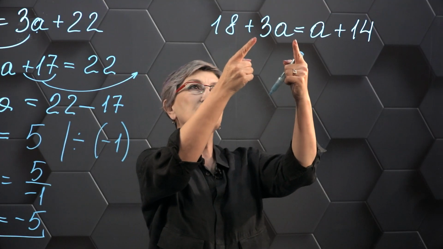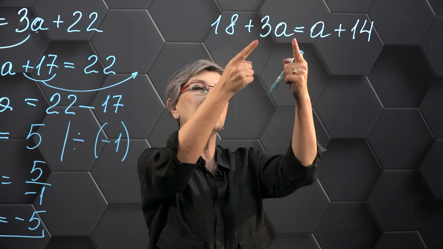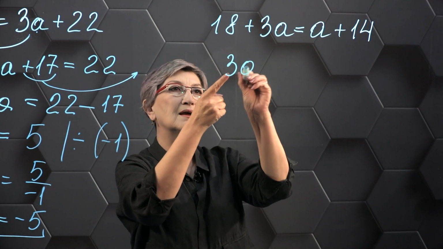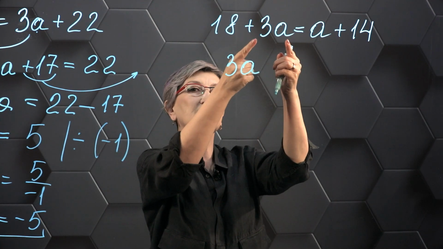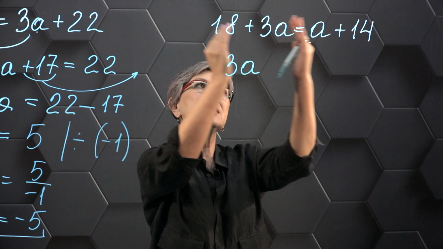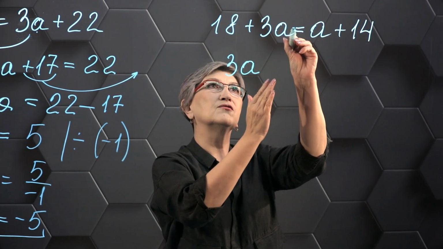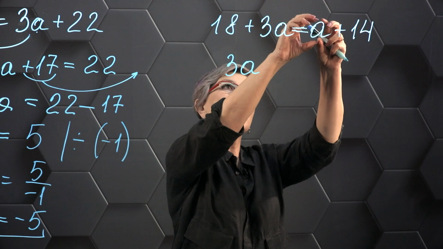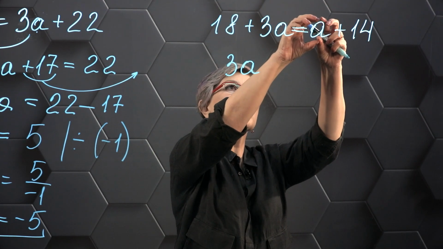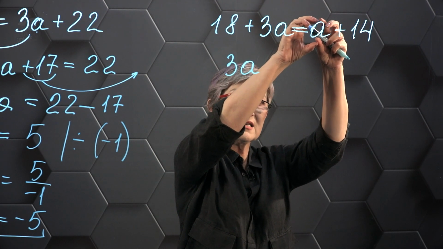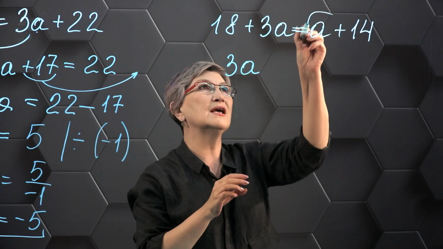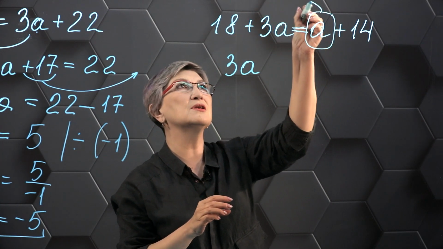Okay? The summand on the left-hand side is 3a. That's how I write the summand 3a on the left side. That's the left side, that's the right side, equals is the boundary. And now, from the right side, I move the summand that's written with the variable to the left side. This is the summand I'm moving to the left side.